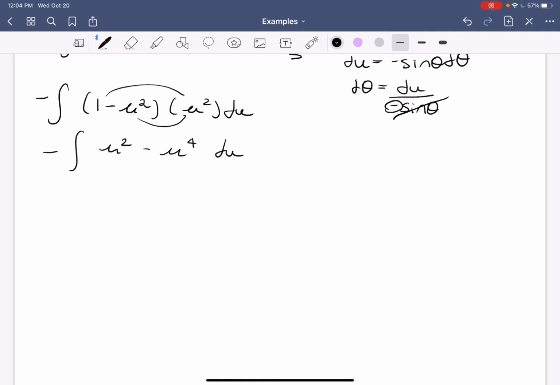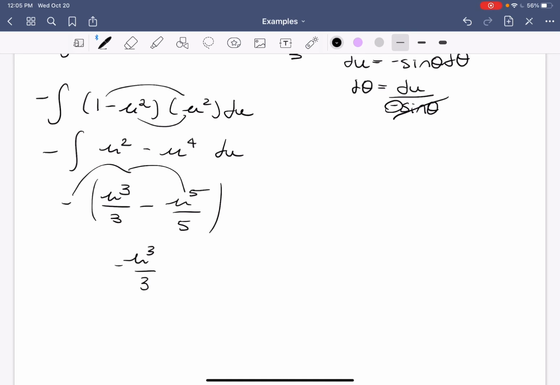Our integral will be u cubed over 3 minus u fifth over 5. And then you distribute the negative. Don't forget about the negative. So negative u cubed over 3 plus u fifth over 5 plus c.